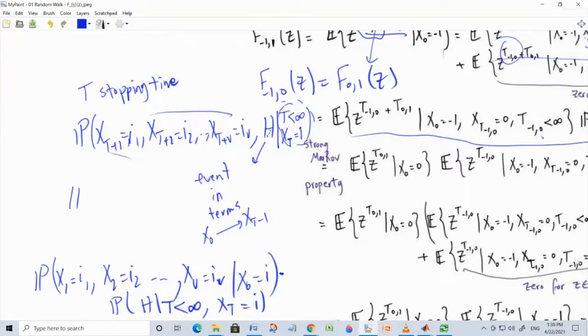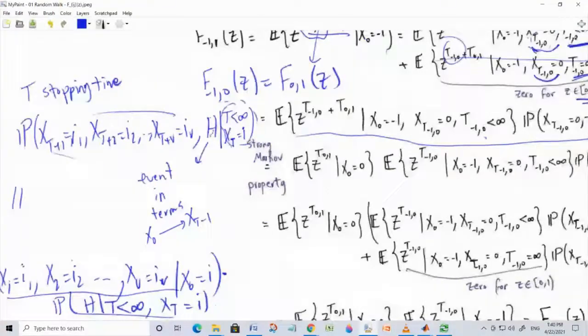And so you can decouple, you can basically say, given these, you can write down the probability as a product. It's as if the chain has started in I, so if x of t is equal to I, as if this chain is started in I, and then you go to x1 equals I1, x2 equals I2, and so on, multiplied by the probability of this H event, given that t is less than infinity and x of t is equal to I. Okay, and so we took actually the formal proof.